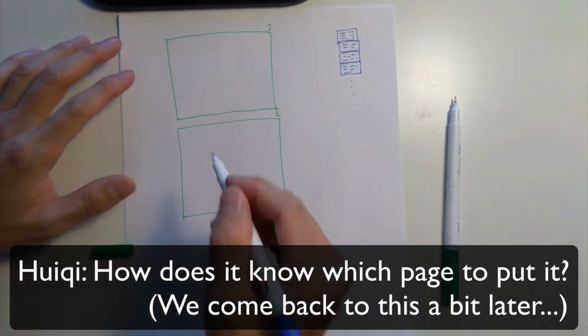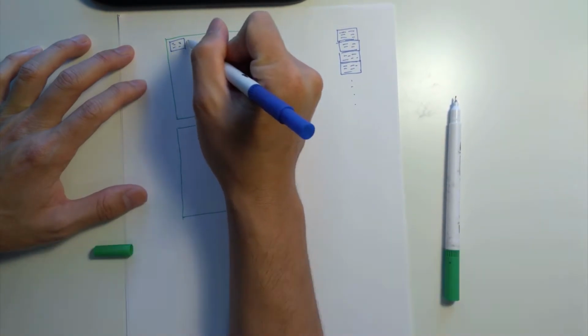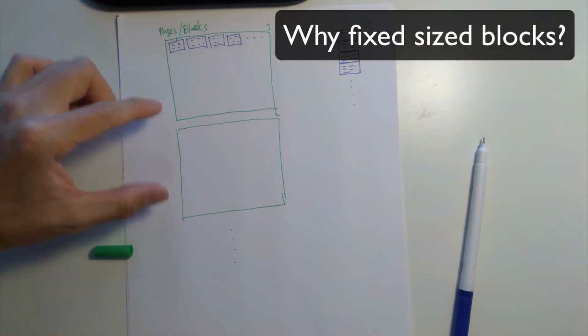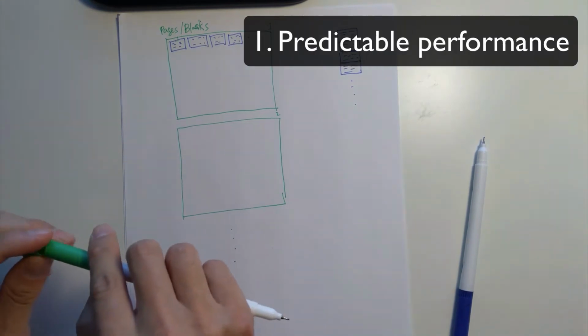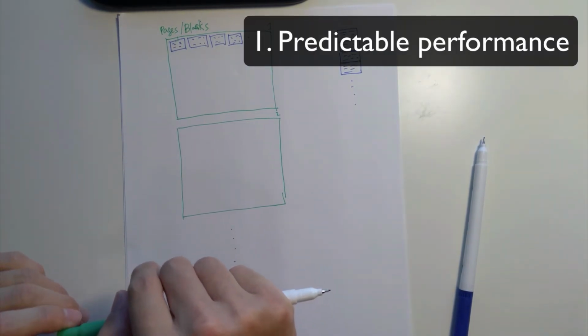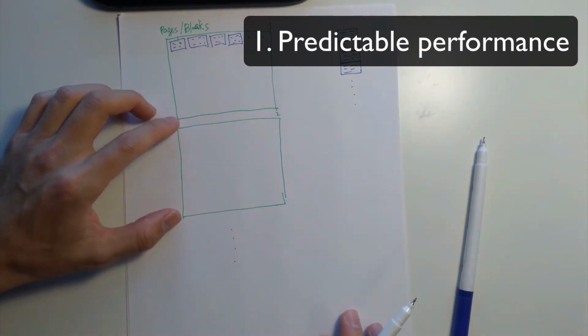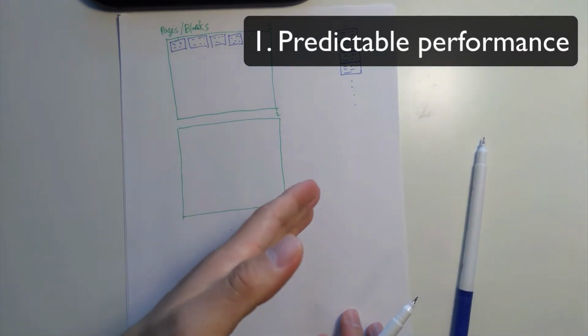How does it know which page? Yeah, good question. The reason we separate things into fixed size blocks is because it's much more predictable to make assumptions about how long it takes to save a fixed size chunk onto the disk.